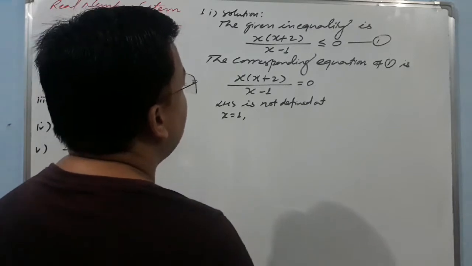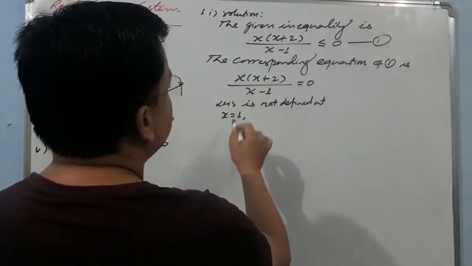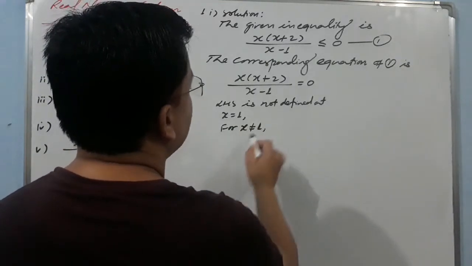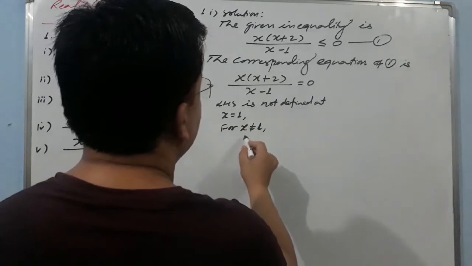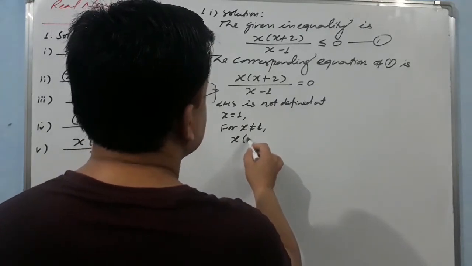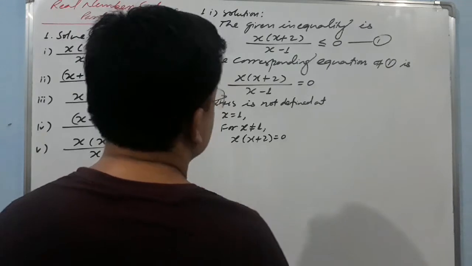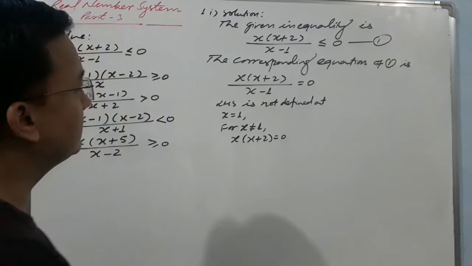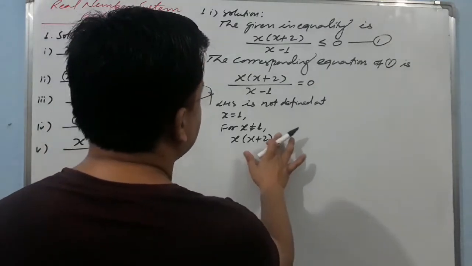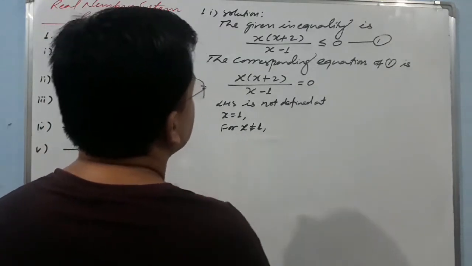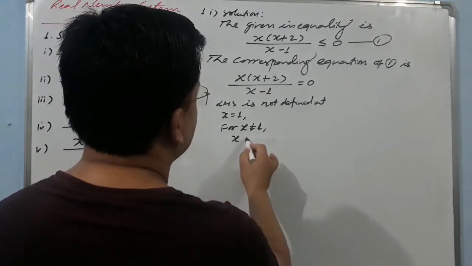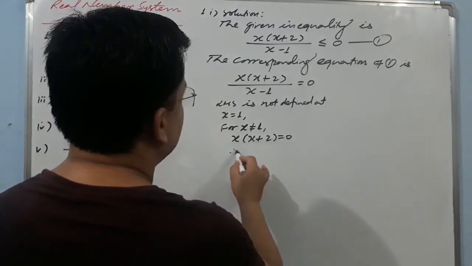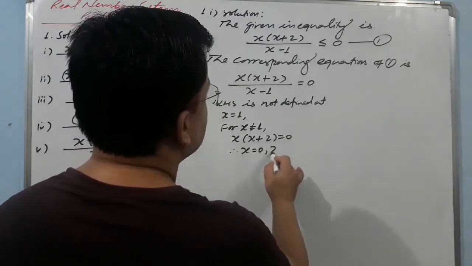For x is not equal to 1, we have x plus 2 is equal to 0. We can do cross multiplication, and for x not equal to 1, you will get x equal to 0 and 2, therefore x is equal to 0 and negative 2.